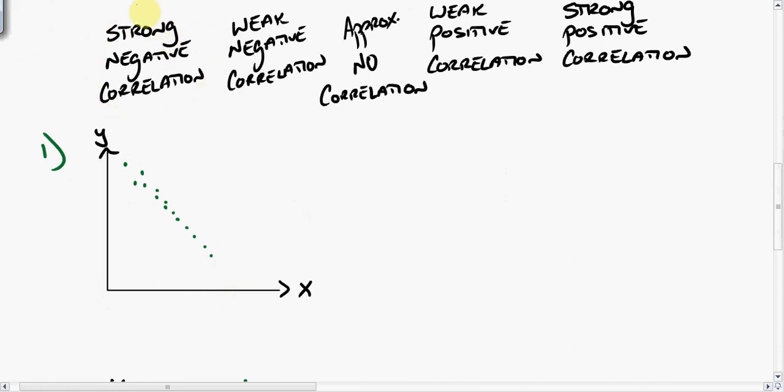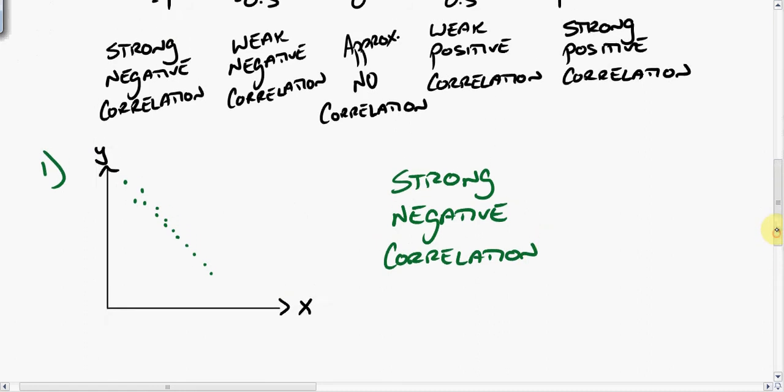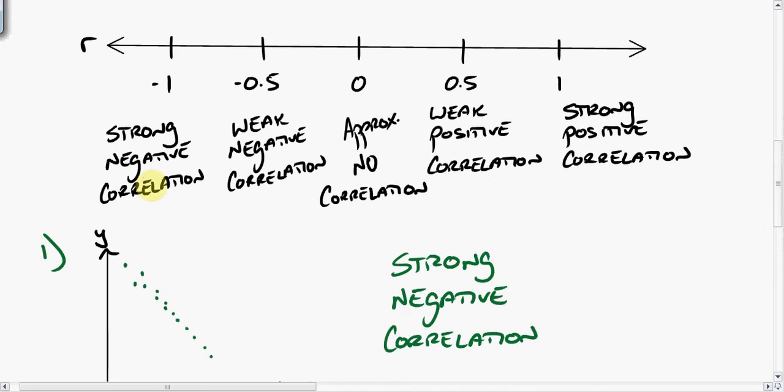I'm going to write this down. Strong negative correlation. And I'm going to assign the correlation coefficient that goes along with strong negative correlation, which is R equals -1.